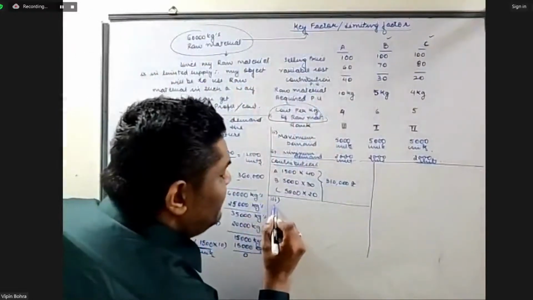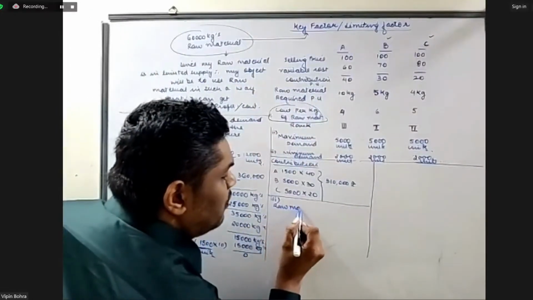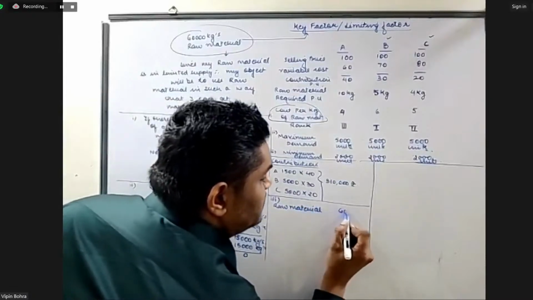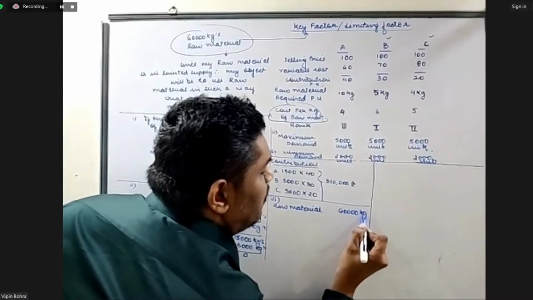So my raw material is available, how much? 60,000 kgs.